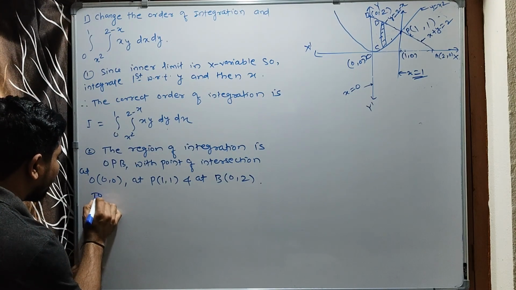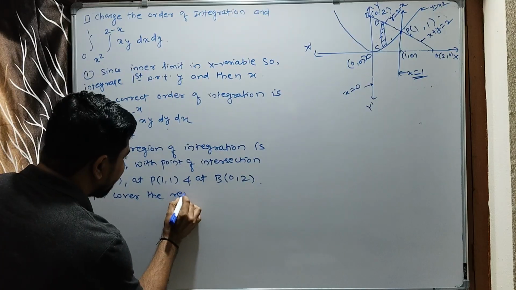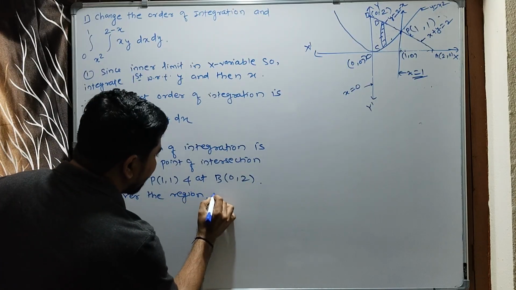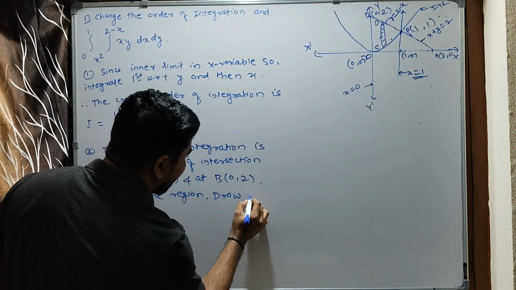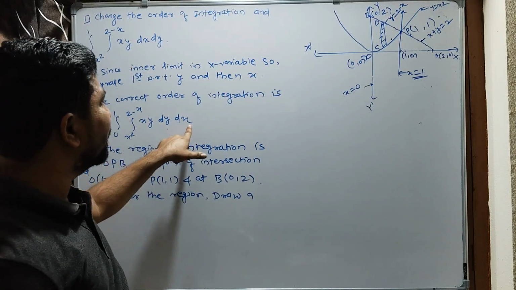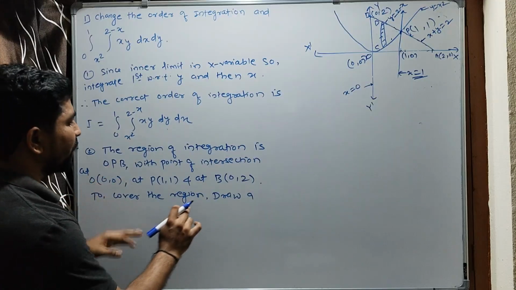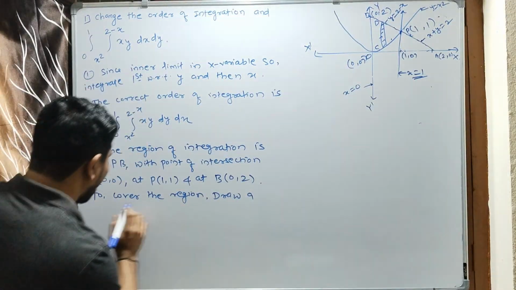Now to cover the region OPB, draw a vertical strip, since I am integrating first with respect to dy and then dx.